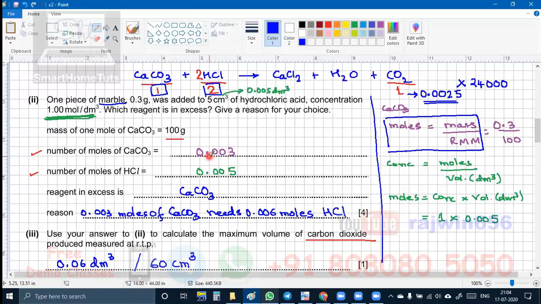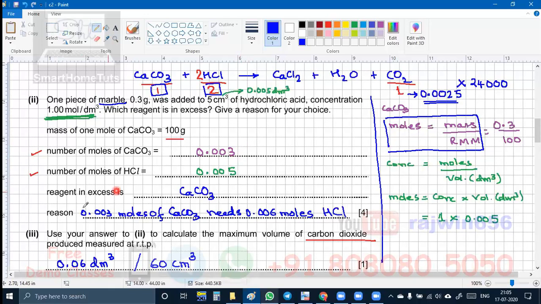It means if this CaCO3 is 0.003 moles, then HCl required will be double, 1:2. 1 should become 2. So 0.003 should become how much? Double it. 0.006. Correct?